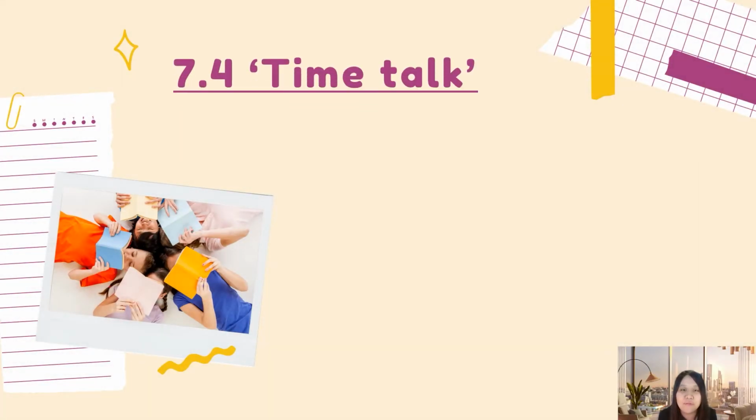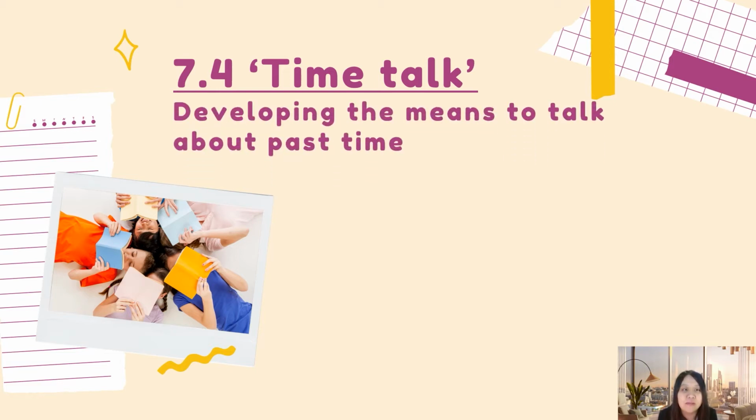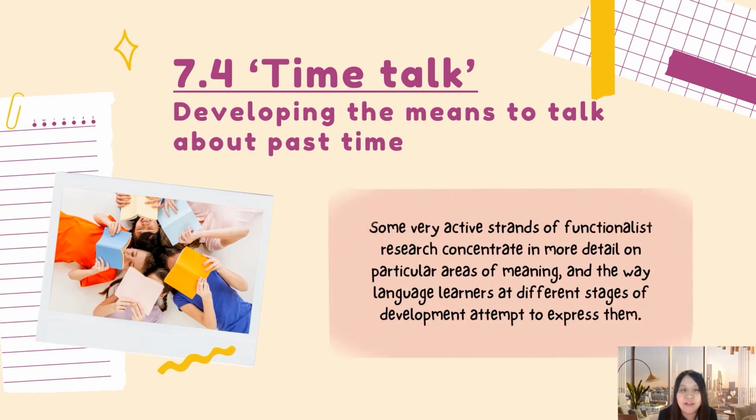Now let's talk about time talk, which is about developing the means to talk about past time. So there are some very active strands of functionalist research concentrating in more detail on particular areas of meaning and the ways language learners at different stages of development attempt to express them. We have already noted the interest in functionalist research in the means used by learners to talk about time or temporality.